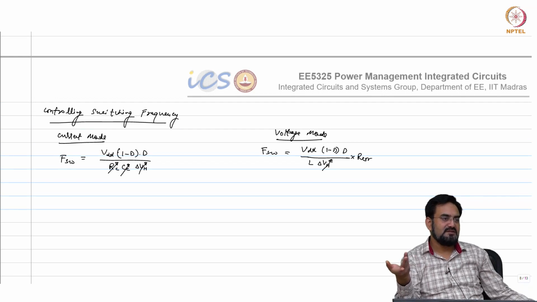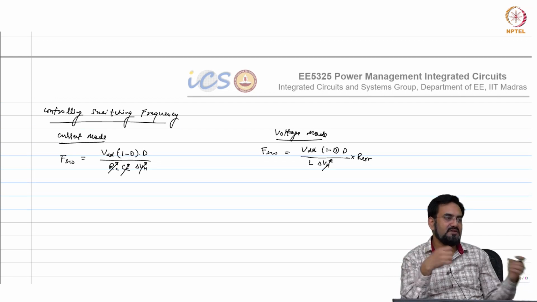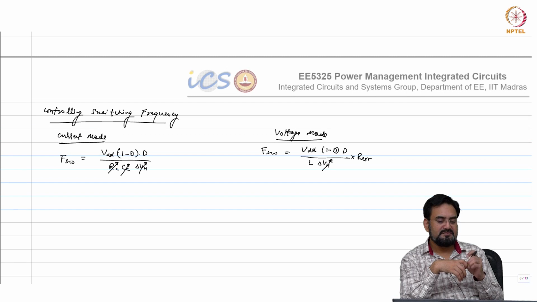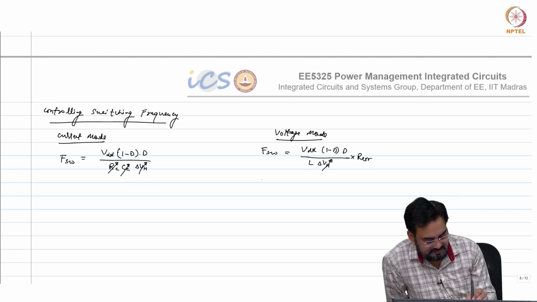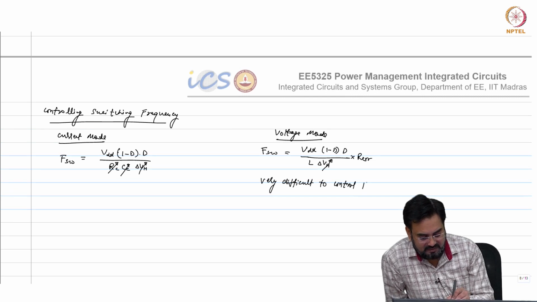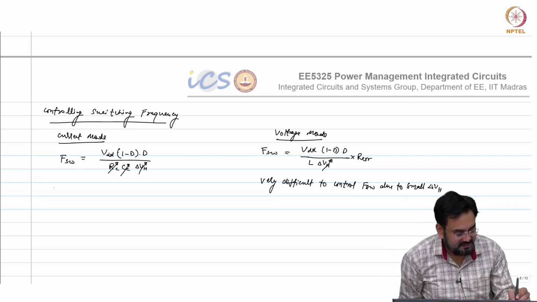It will not work at all. So it is very difficult to control FSW due to the small delta.